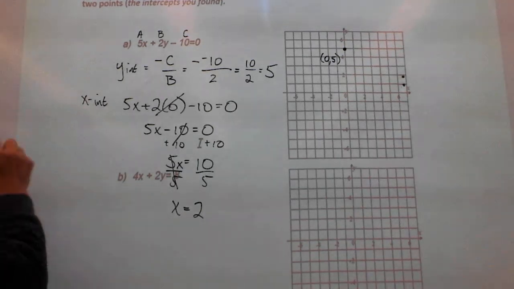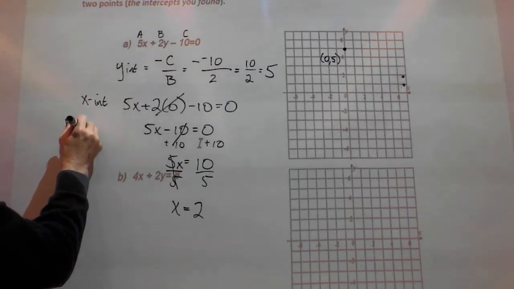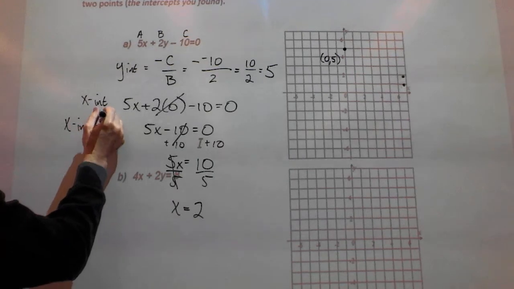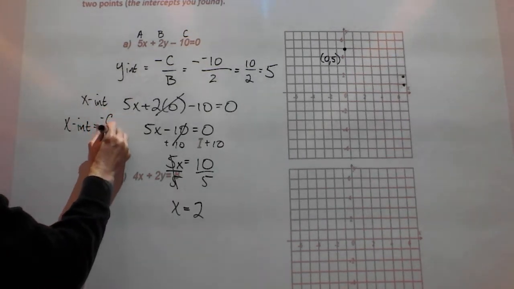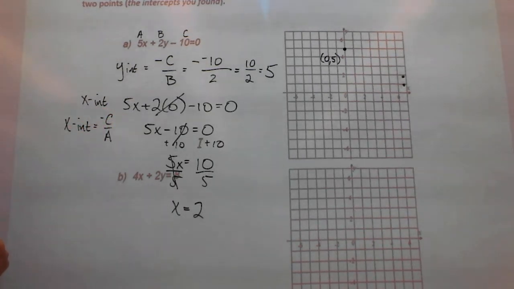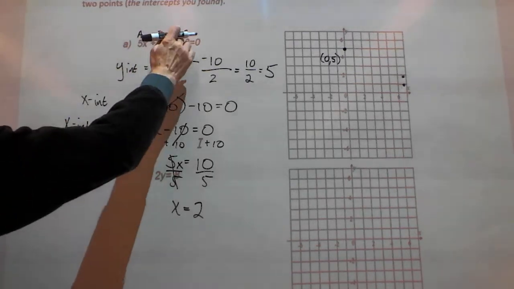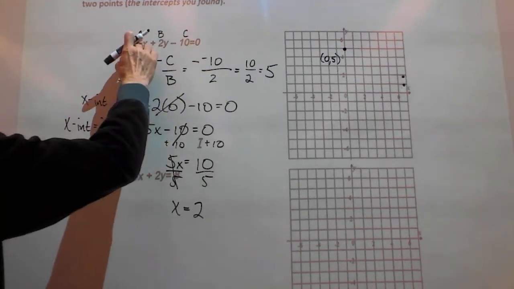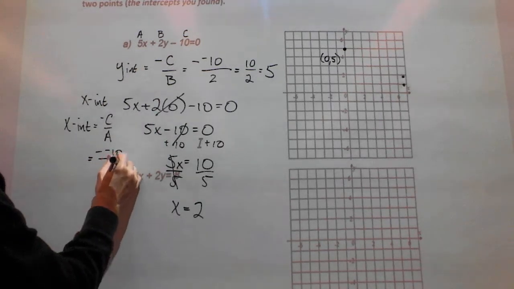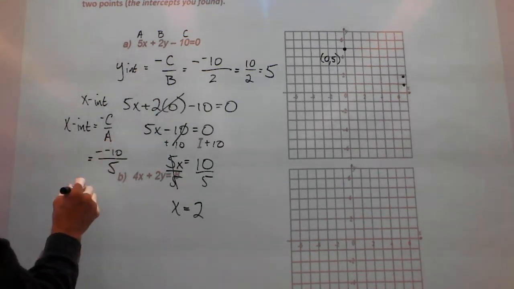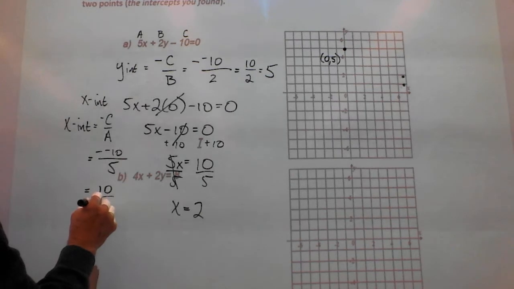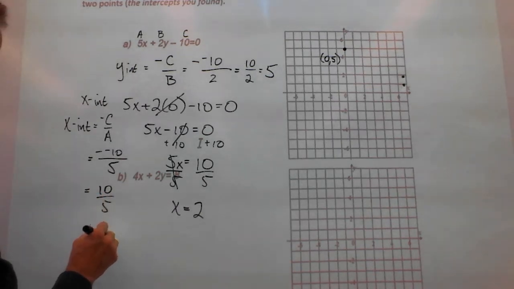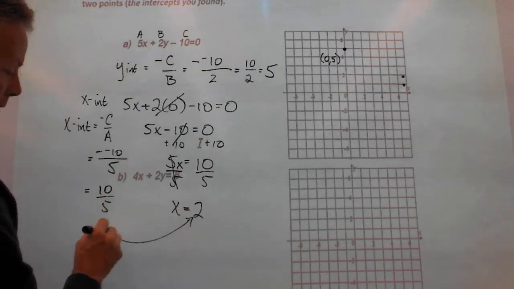Using the shortcut, the x-intercept is simply equal to negative c over a, okay? C again is negative 10, a is 5, and negative 10 is positive 10 over 5, which simplifies to 2. Look at that.